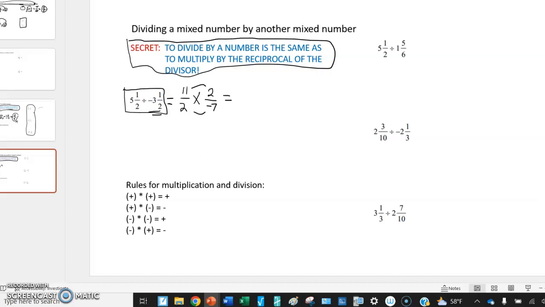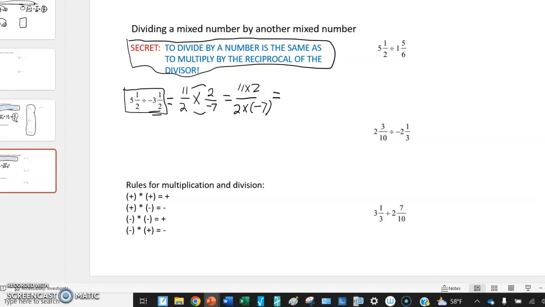So 11 times 2, that's what you have on top as the numerator, and below is 2 times negative 7. Now let's write the products.